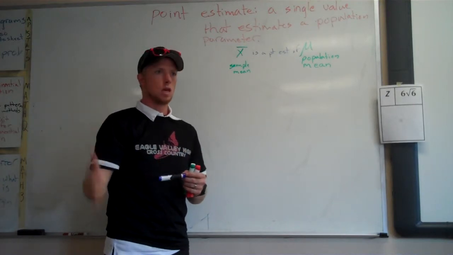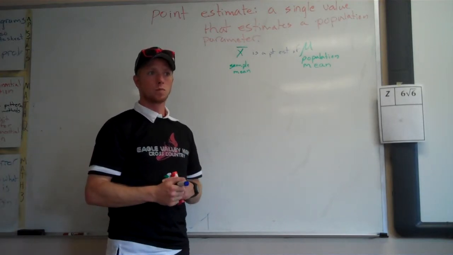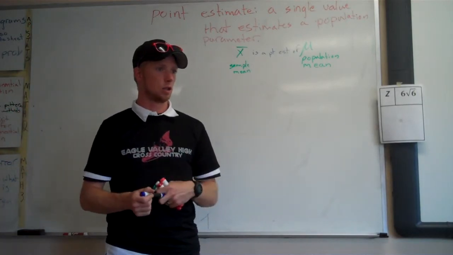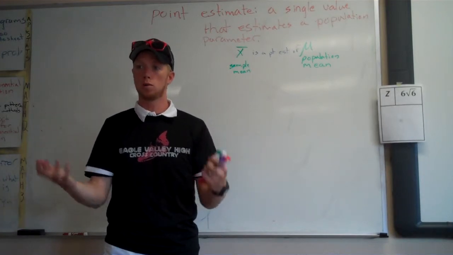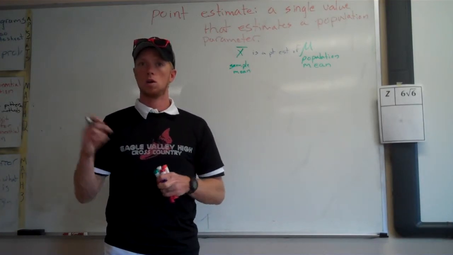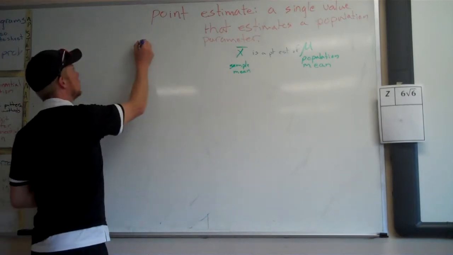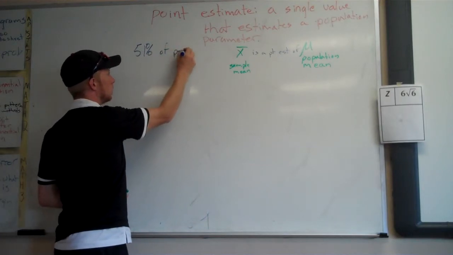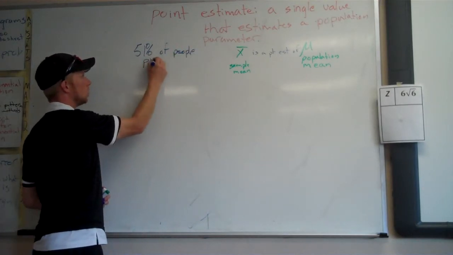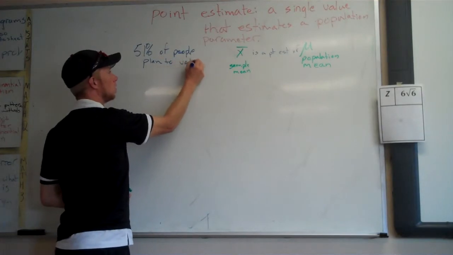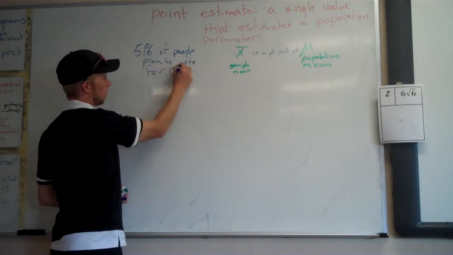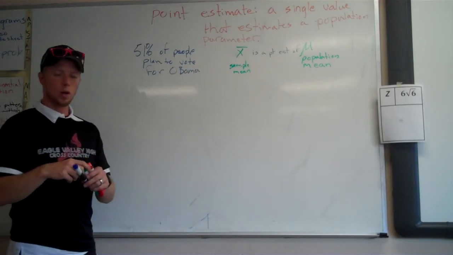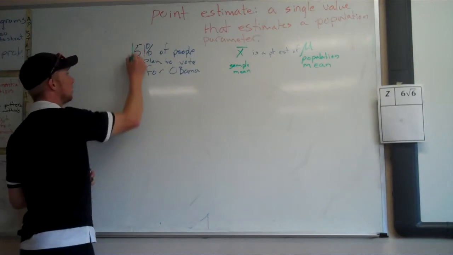Okay? So if you're talking about the last presidential election, and you came out with a poll that said 51% of people are planning to vote for Obama, then your point estimate is 51.